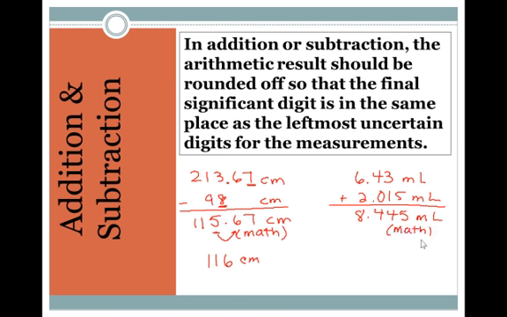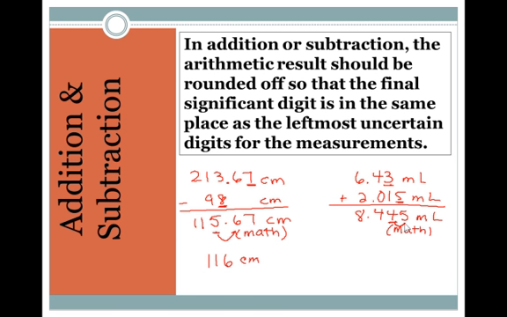Okay? So I'm going to look up at my measurements. 6.43, the 3 is the estimated digit. 2.015, the 5 is the estimated digit. So the leftmost uncertainty would be the 3 that's in the 100th place. So I want my answer to be in the 100th place.